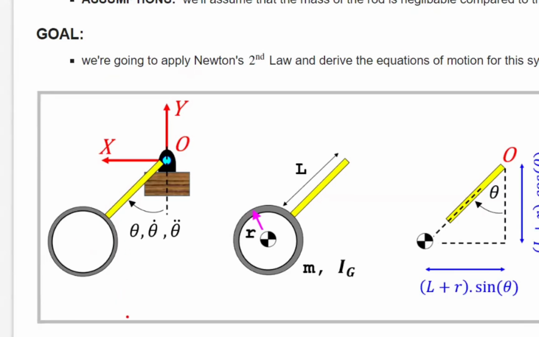So the pendulum is made up of a circular tube, a pipe, right? That pipe has a mass, and it has a moment of inertia about the center of mass. And we're going to assume that although there is this additional strap length, this yellow length's mass and inertia can be ignored.